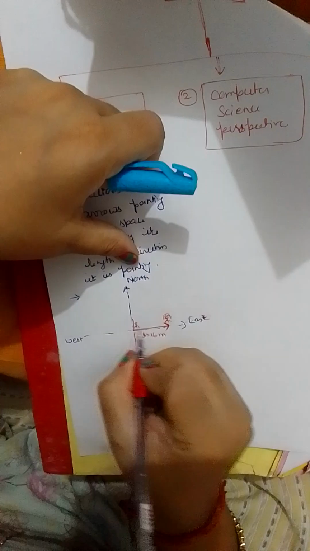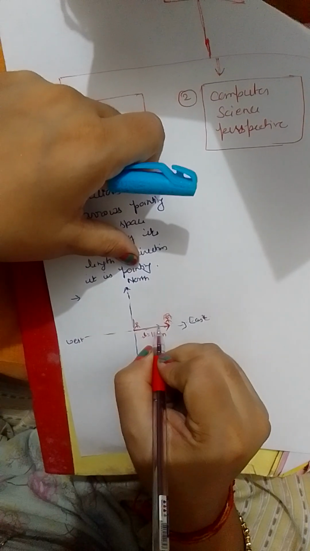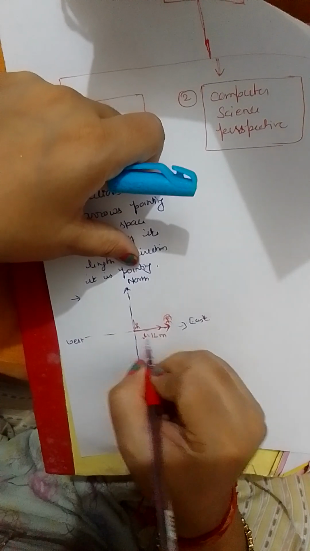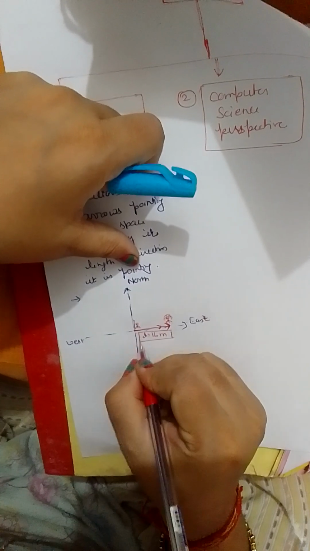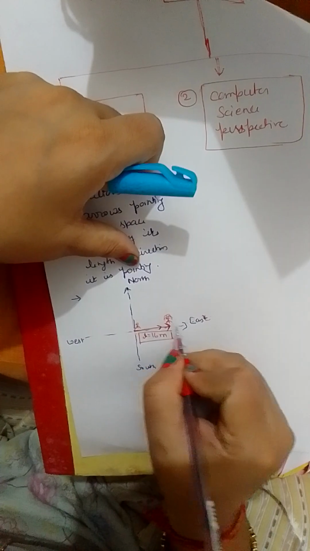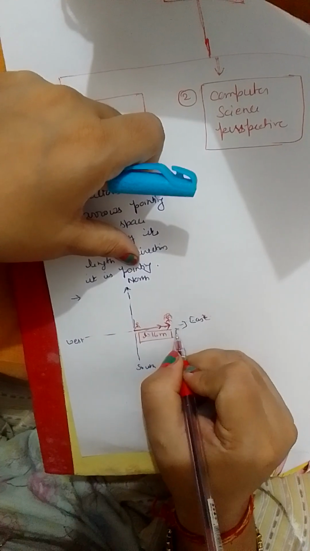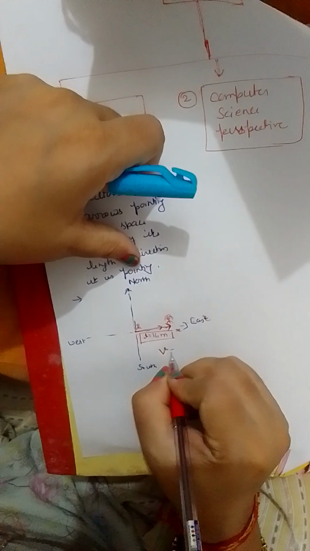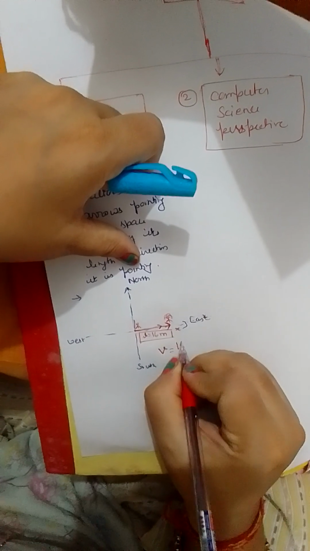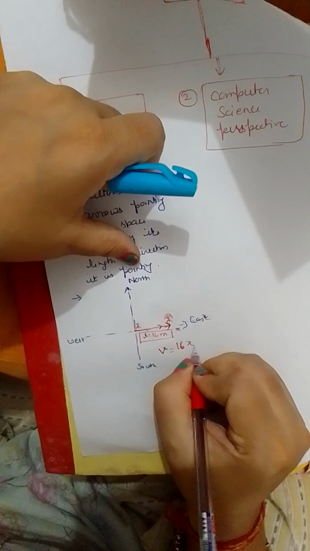If he is heading to his friend in this direction, the length is 16 meter. How much length would he cover? 16 meter. And in which direction would he go? East direction. Let's say this direction is x. So what is the vector? We will write it as 16 meter is the length and the direction is x.